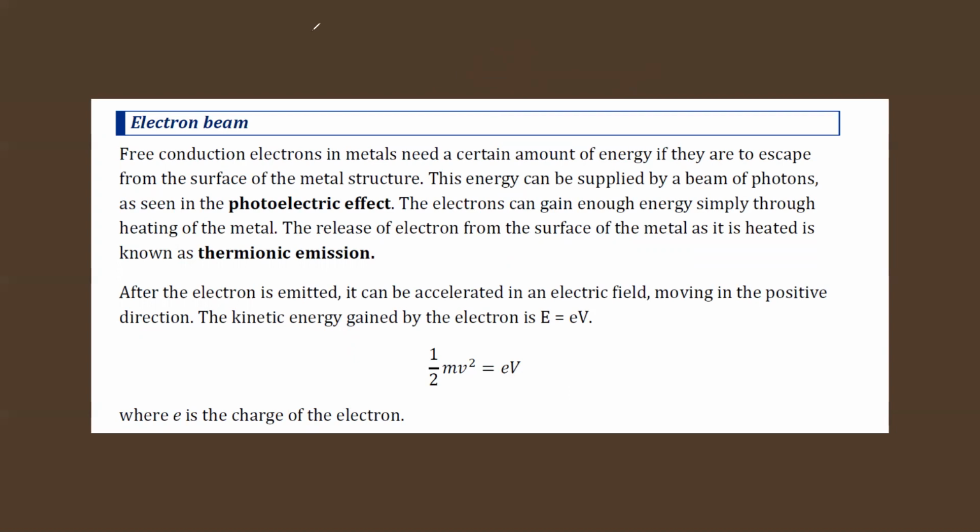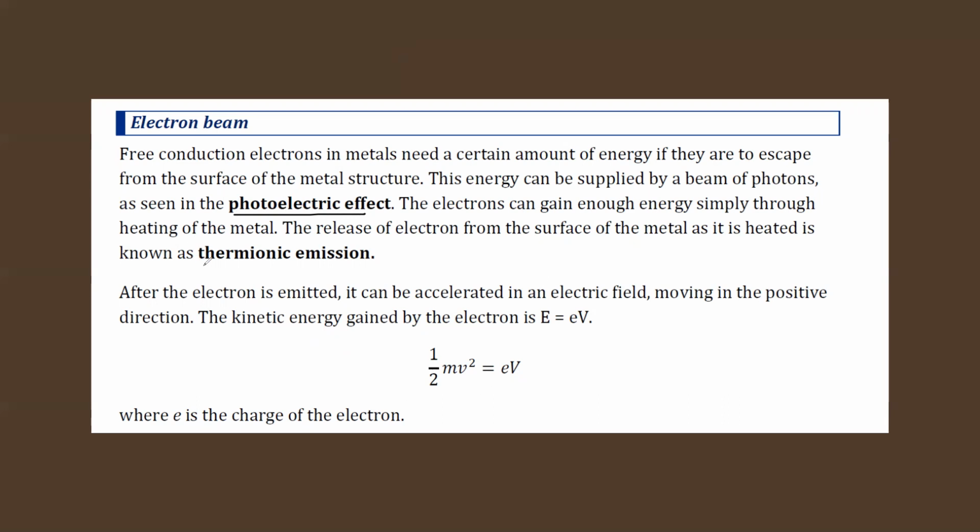If you want to remove the electron from the substance, there's the photoelectric effect. In AS, we discussed this in detail. When light of a certain frequency falls on the metal, if the energy of the photon is greater than or equal to the minimum possible energy, which is also known as the work function, then there will be a photoelectric effect.